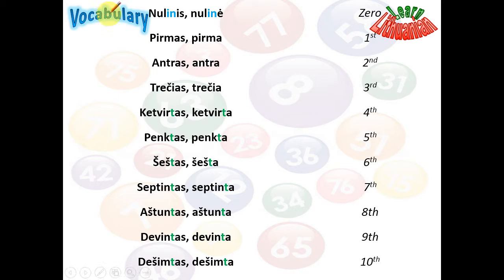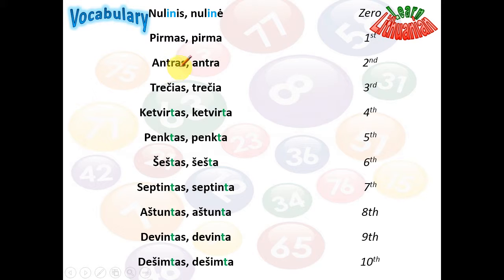So you see, pirmas, antras, trečias are a bit different because one is vienas and first is pirmas. It's somehow similar to the Latin word, or the English word primary. Perhaps this is the same origin from Latin.